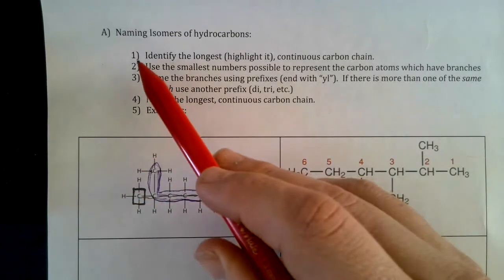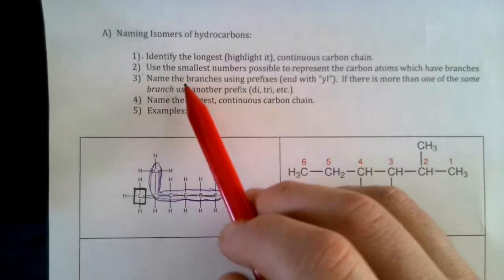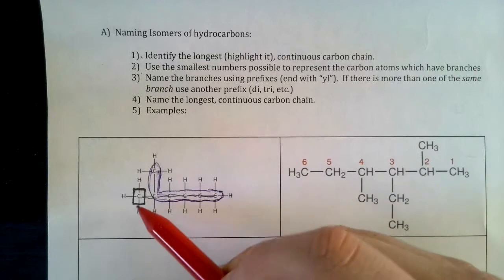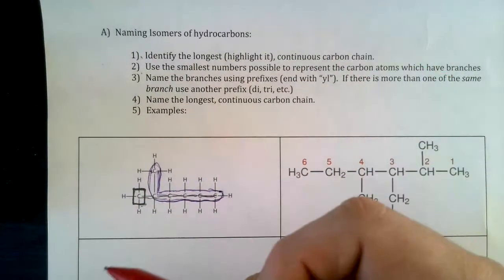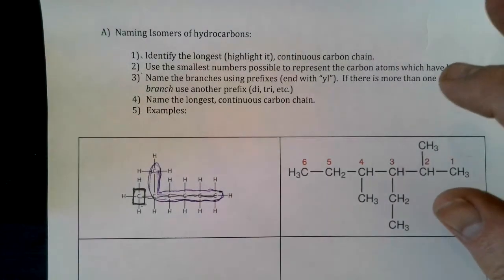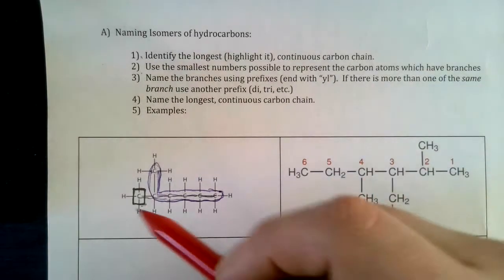So those are the first steps. Number 1, identify the longest chain. Number 2, almost through number 2, use the smallest possible numbers. So we have to name this and number this. If you recall from last week, there was always a number, which was the address, as well as the type, the descriptive branch.